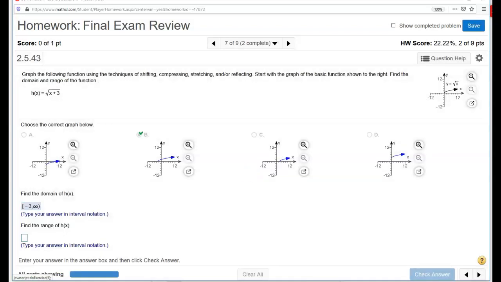All right. Now my range, I'm going to need a little bit more of a visual explanation for this. So I'm just looking at all the possible y values in there. And we can see that we're not going to get any y values that are negative either. There's nothing below the x-axis.